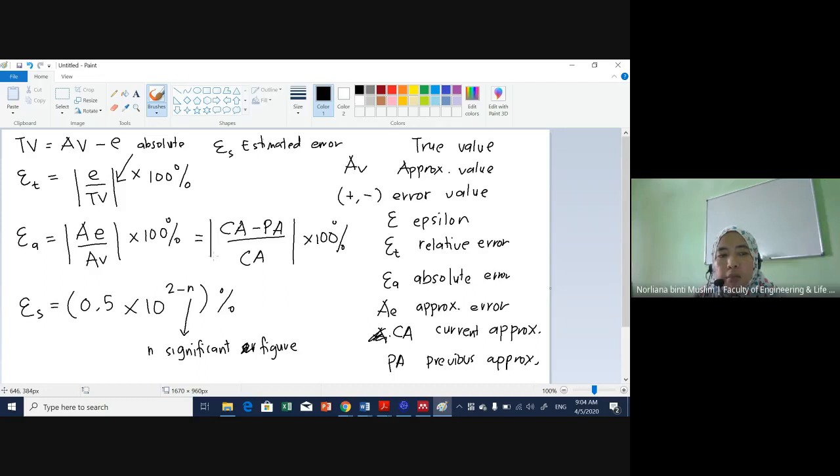Estimated error is the value that we compare against if we want to stop the calculation in the iteration. Usually our current approximation error should be less than this estimated error. In different situations, estimated error is either given or not given. If it is not given, then we have to use this formula.